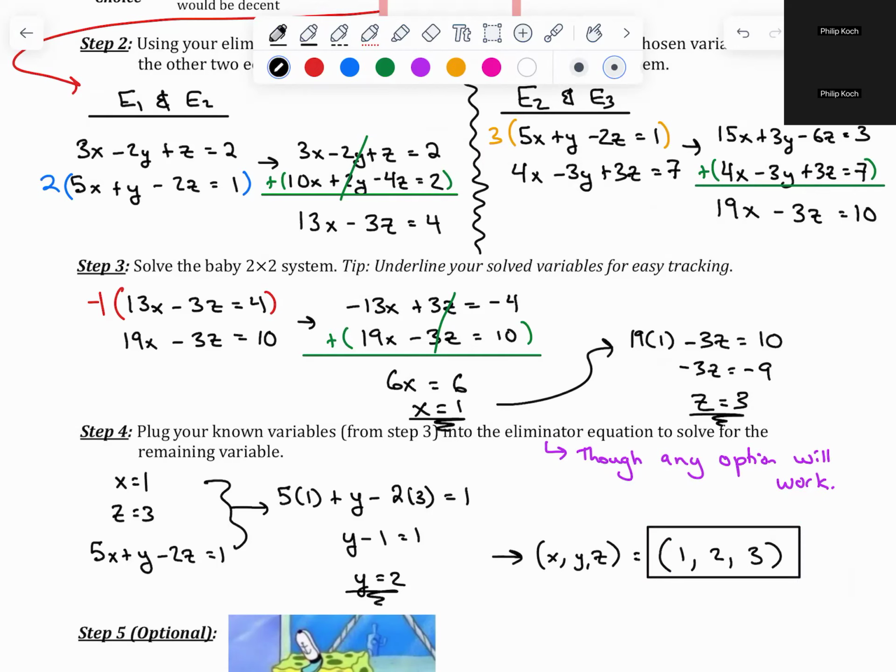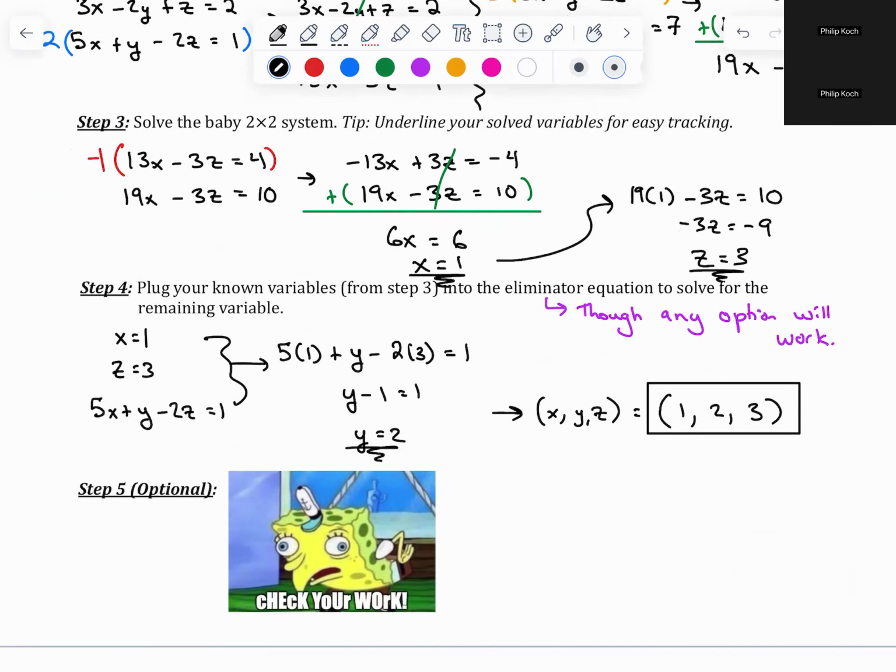Well, this is fine, does this mean it's like 3-dimensional? So this is a 3-dimensional situation. So in 2 space, a linear equation is a line, but in 3 space, it's something different. And then, of course, step 5 is optional, but you should check your work. Check it in either one of the equations. If it works in 2, call it good. You don't need to check all 3.